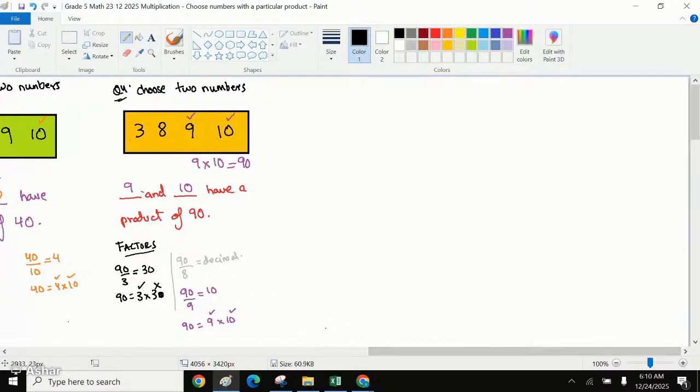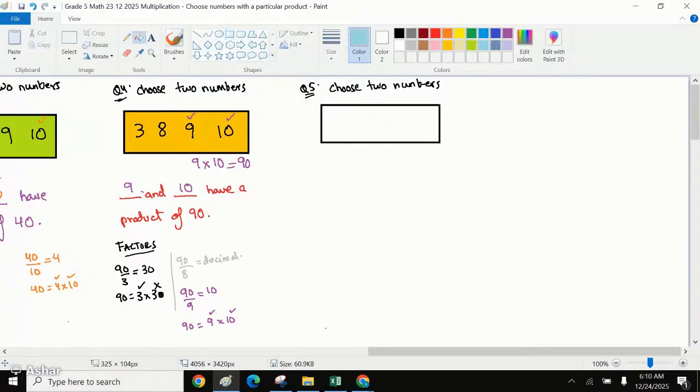We have question number 5. Question number 5 says choose 2 numbers. The options given to us are 2, 3, 5, and 7.